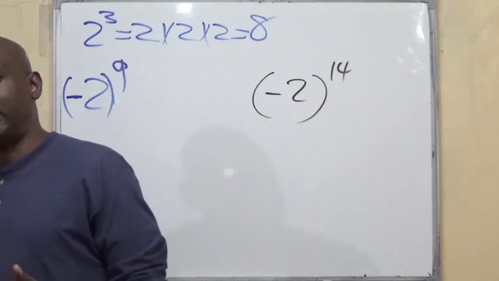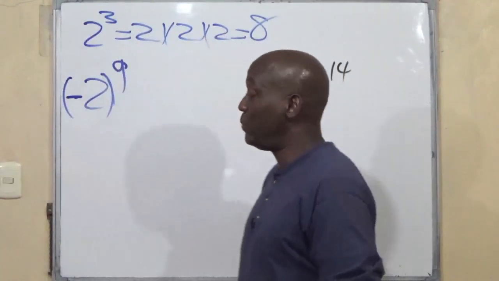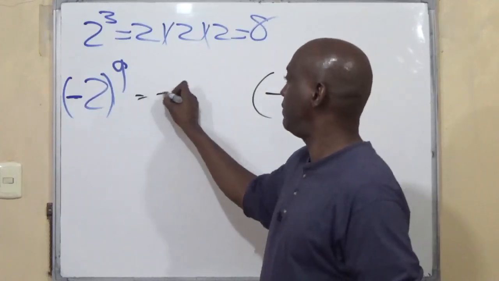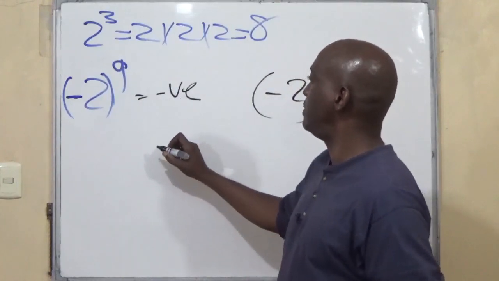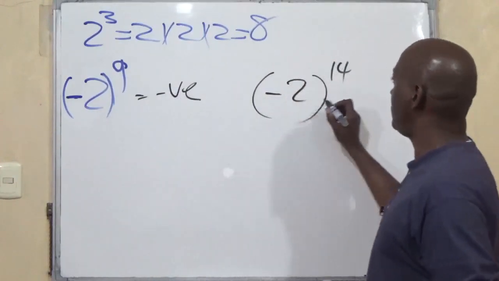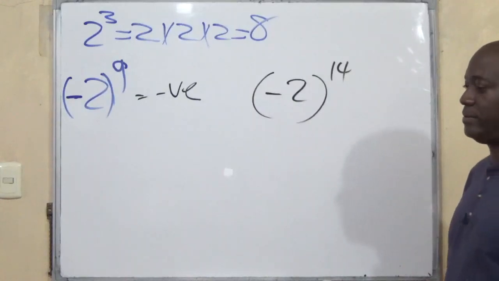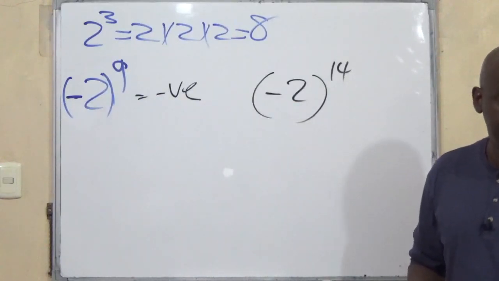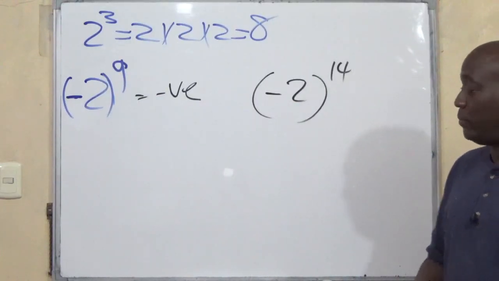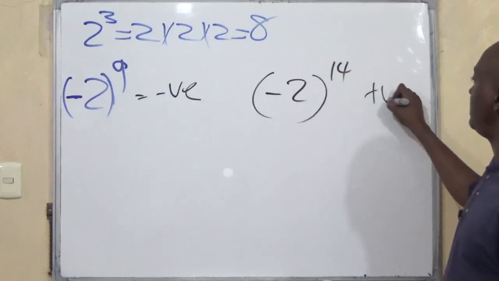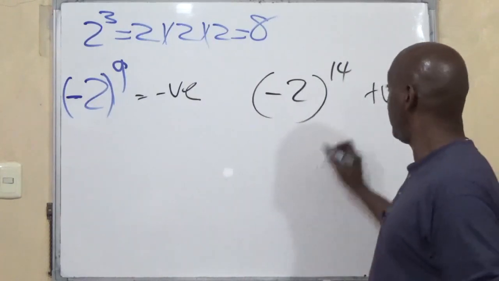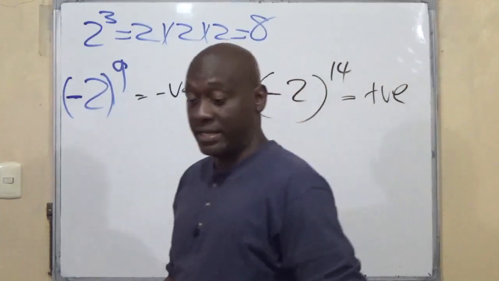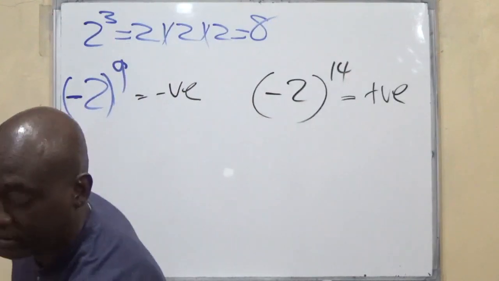Without going into the details, we know that the answer is negative. Minus 2 to the power of 14, positive or negative? Without going into the details, we know that the answer is positive. If you want to double check, check your calculator.